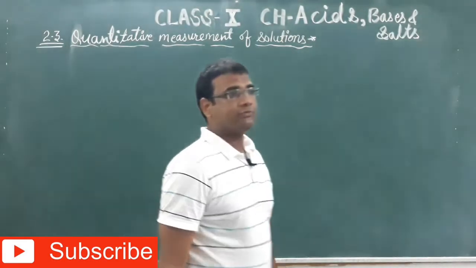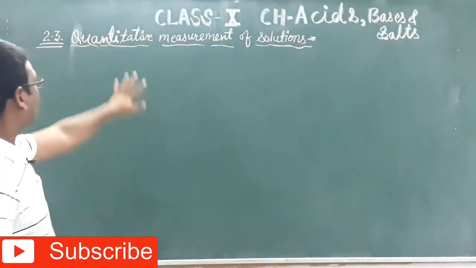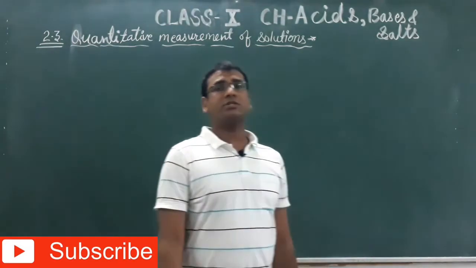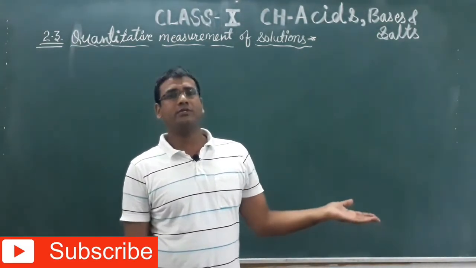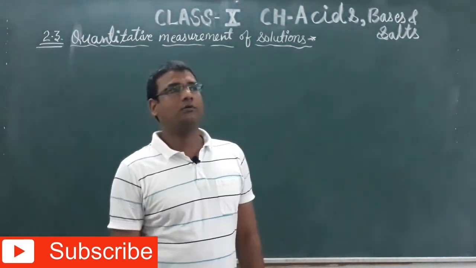In previous videos we have seen many things, which include qualitative measurement of solutions also. When we talk about qualitative measurement, we say that this solution is a concentrated solution and this solution is a dilute solution.